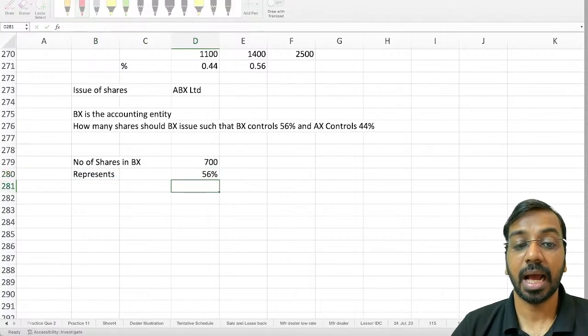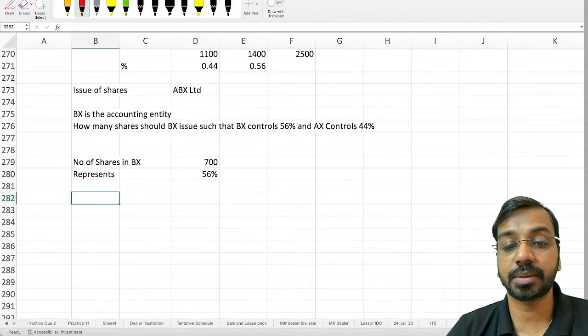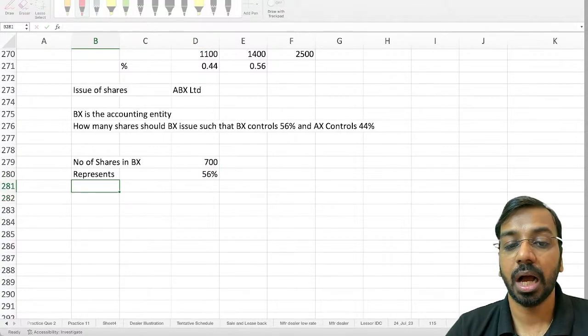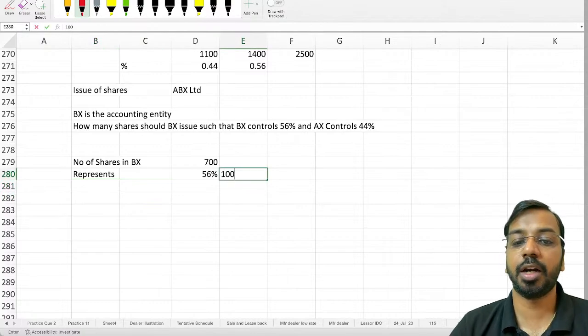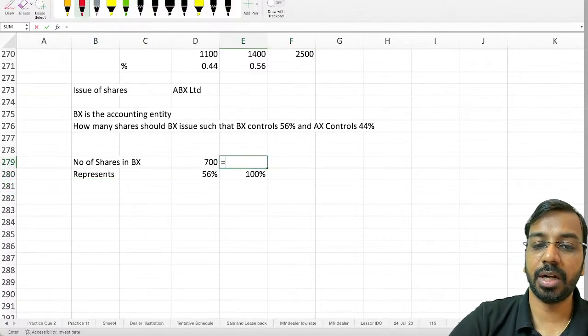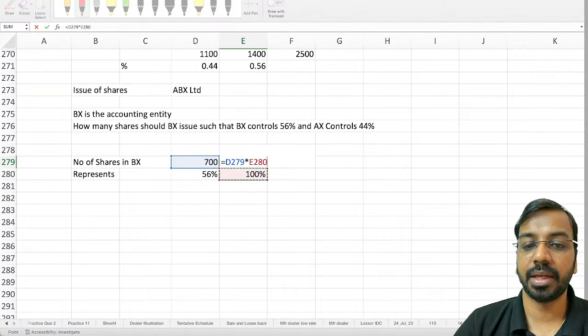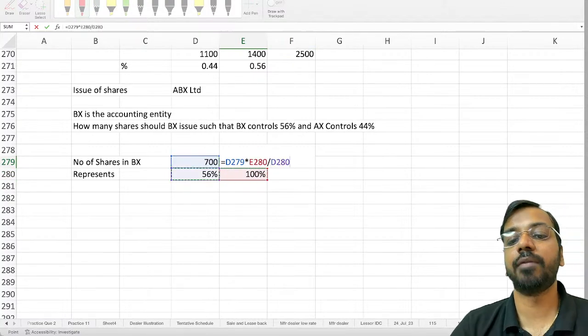That means I need to first calculate how much should be the 100%. 100% will be 700 multiplied by 100 divided by 56, that is 1250.